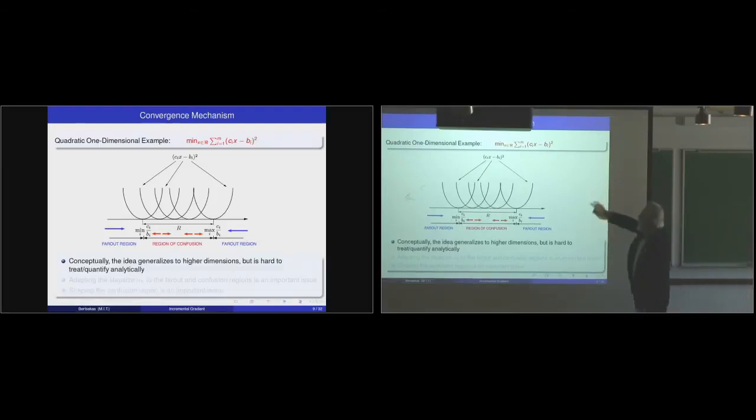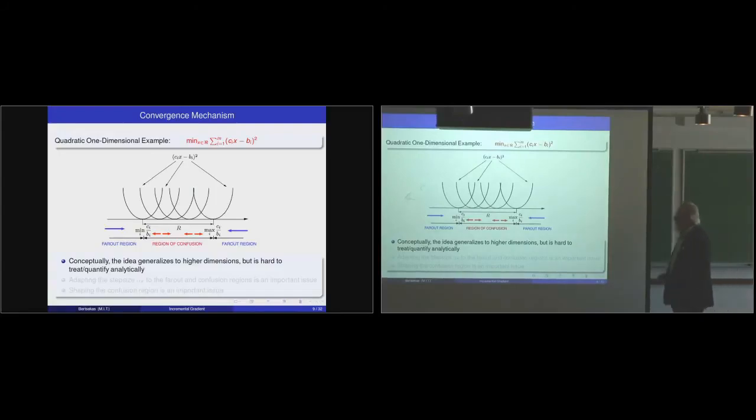Okay, of course, this is a one-dimensional example, but conceptually, the idea generalizes to higher dimensions, although it's difficult to quantify this analytically. Even though the analysis does not show this phenomenon, I think this is what's really going on here, and it's been confirmed by a lot of experiments.